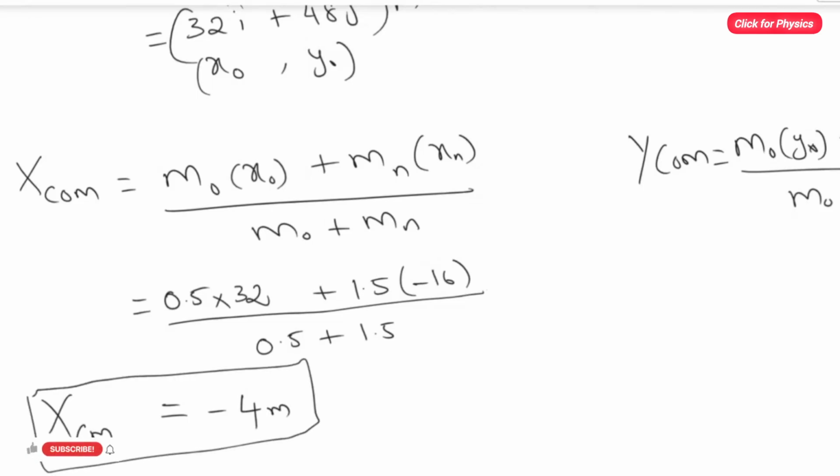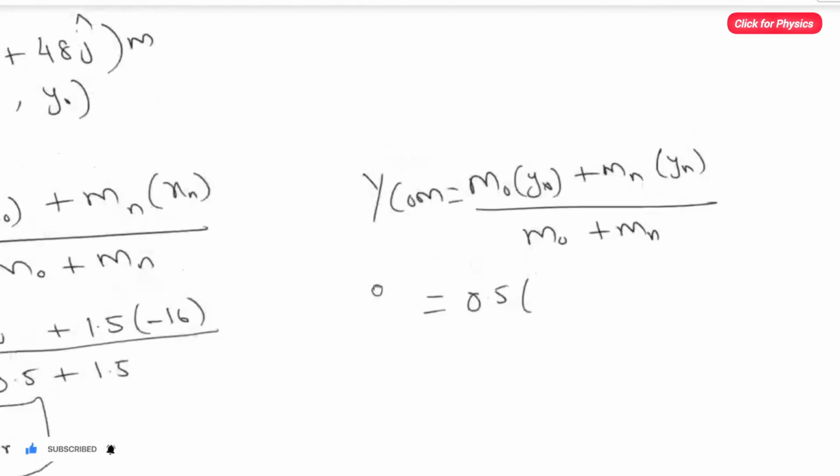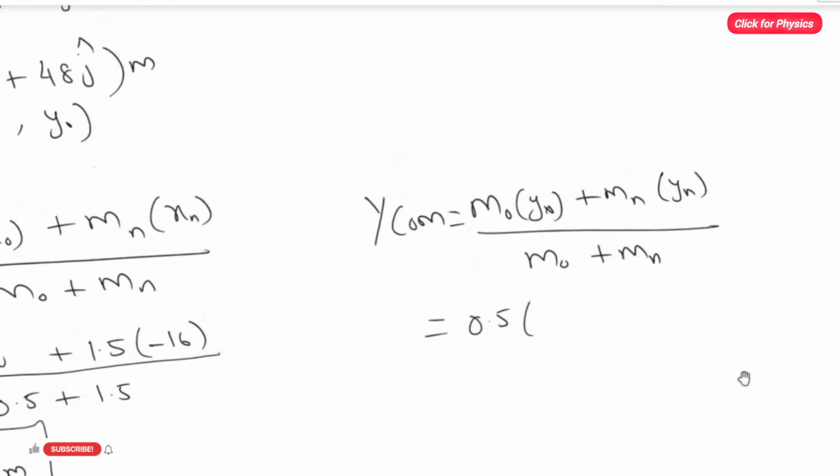Clear? Likewise, we substitute the values for y center of mass. The mass of the olive here is 0.5 multiplied by y naught. What is the value of y naught? Your y naught value is 48 here. So 0.5 multiplied by 48 plus 1.5, the mass of the Brazil nut, multiplied by y_n.